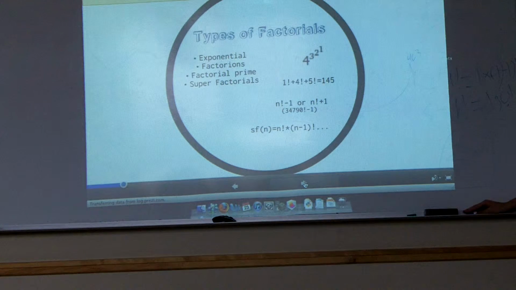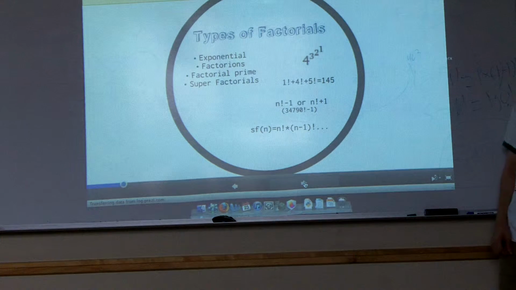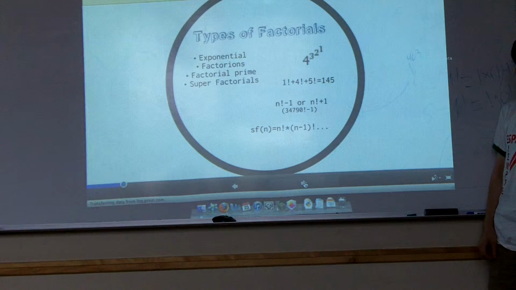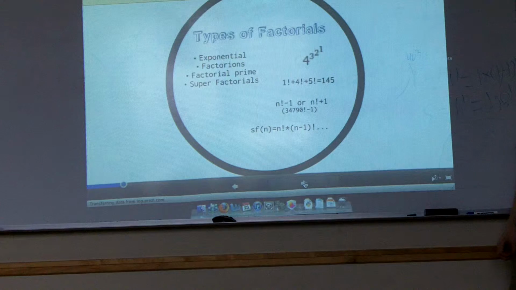So sometimes if you add or subtract a number, then it's no longer a multiple, if you know what I mean. Does everyone understand this? Yeah. So the largest known factorial prime is 34,790 factorial minus 1.